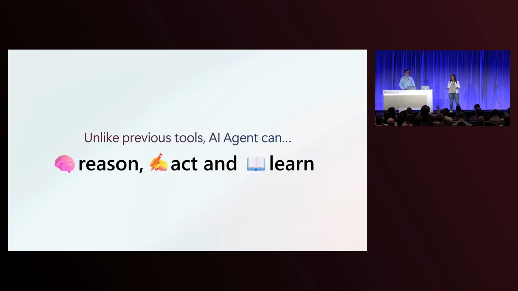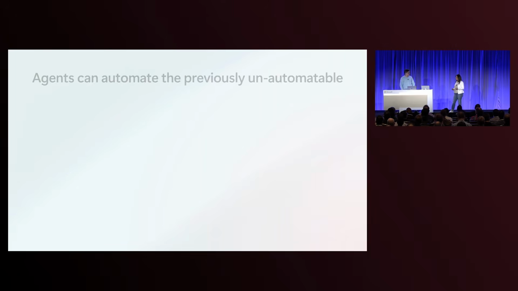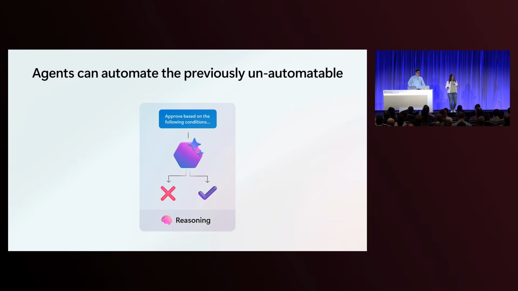Now, unlike previous tools, what AI makes different is that now the agents can reason, can act, and can learn. Right? Yep. So the things that previously were not able to be automated now can be automated because you can have this 3 set of capabilities.